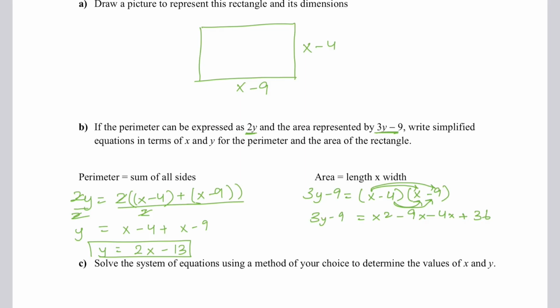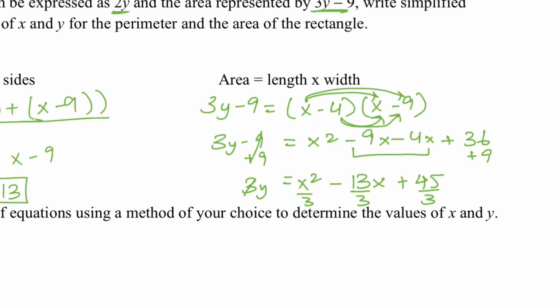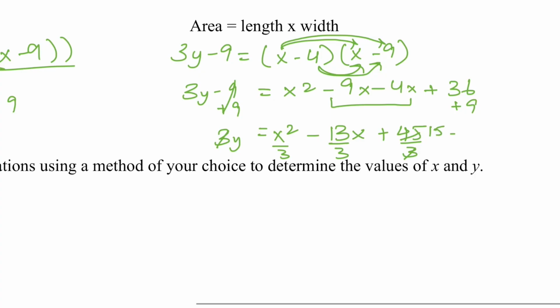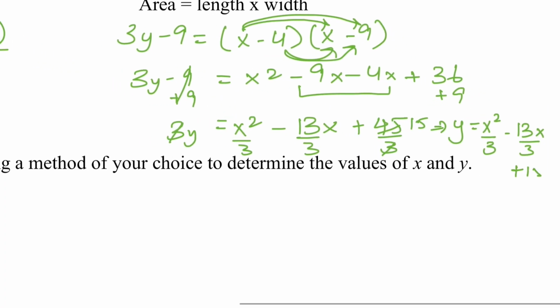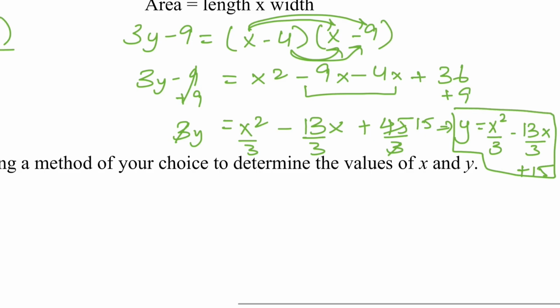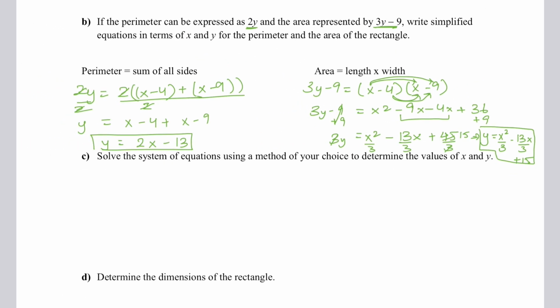Move everything to one side except the y, so add 9 on both sides, you get 3y is equal to x squared minus 13x plus 45, and then you divide both sides by 3, and you can simplify 45 divided by 3 as 15, so it will be y is equal to x squared over 3 minus 13x over 3 plus 15. Make sense? Now you have two equations, you just need to solve it.